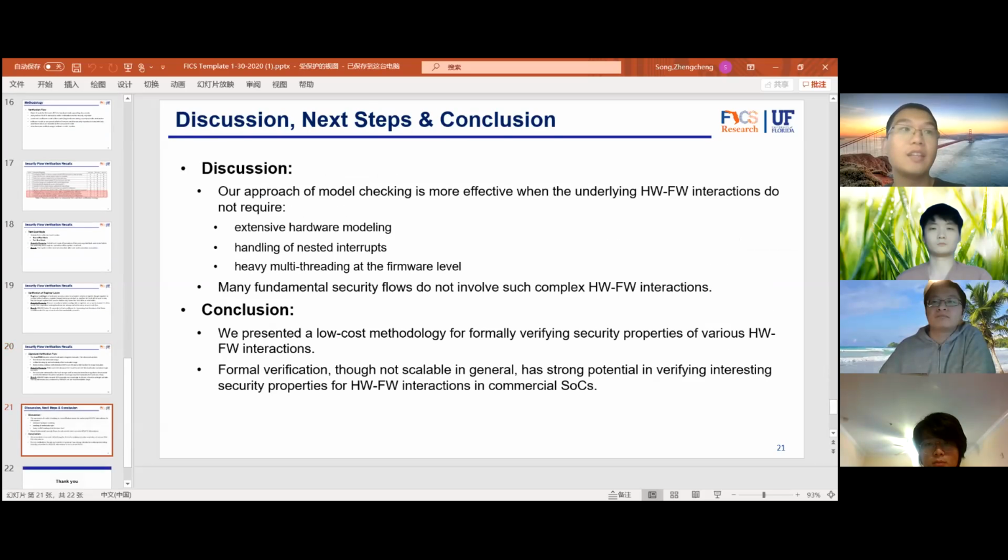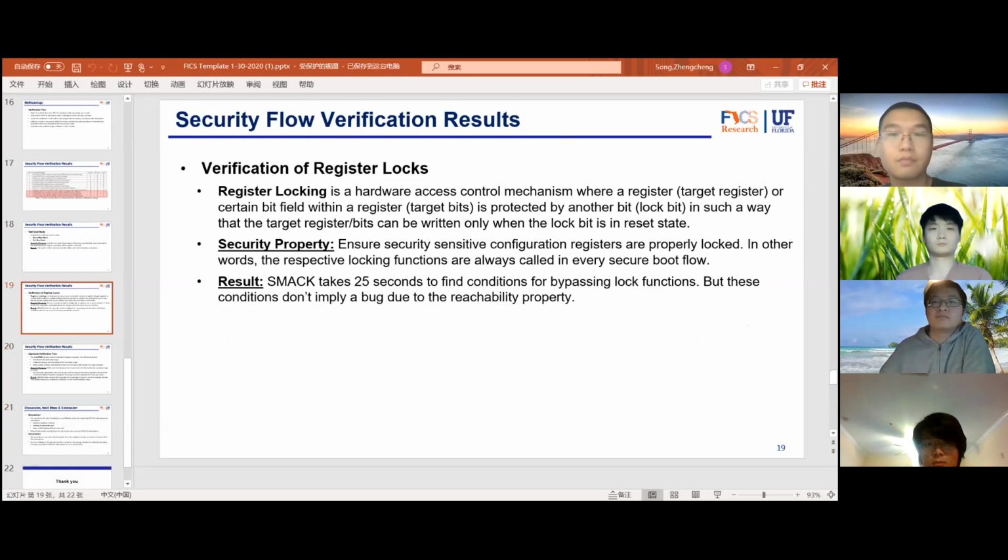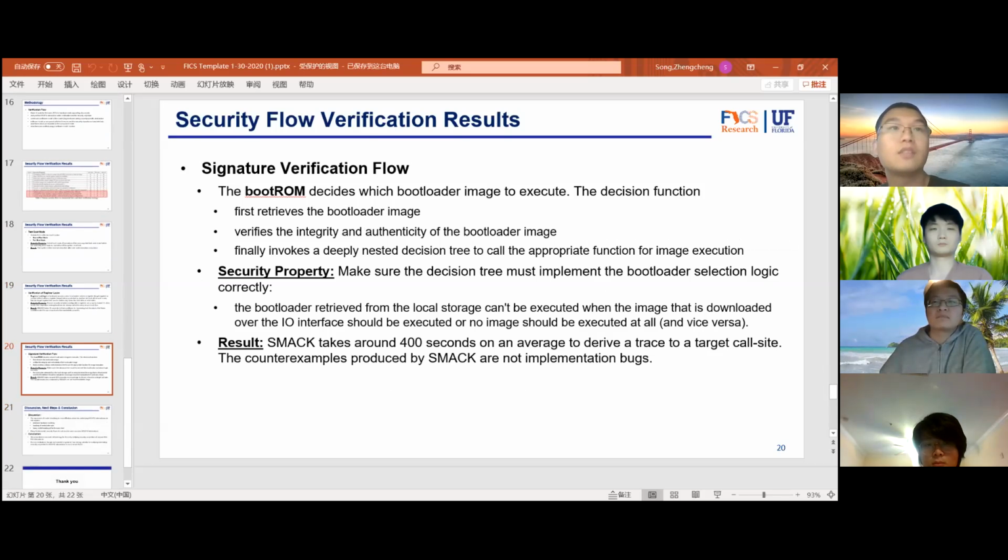And finally, I want to show the security property of the signature verification flow. The boot ROM uses a deeply nested decision tree to call the appropriate function for image execution.